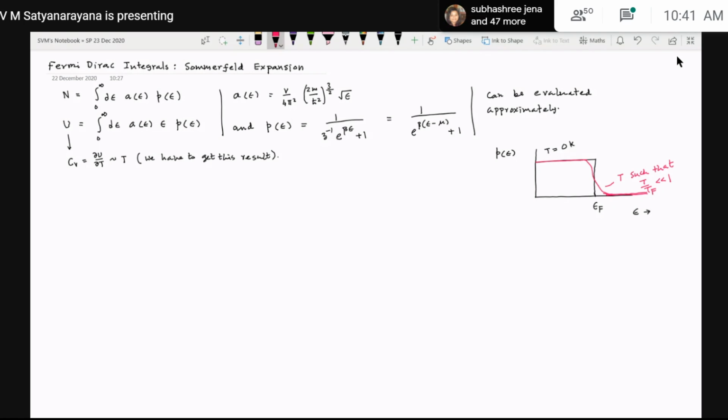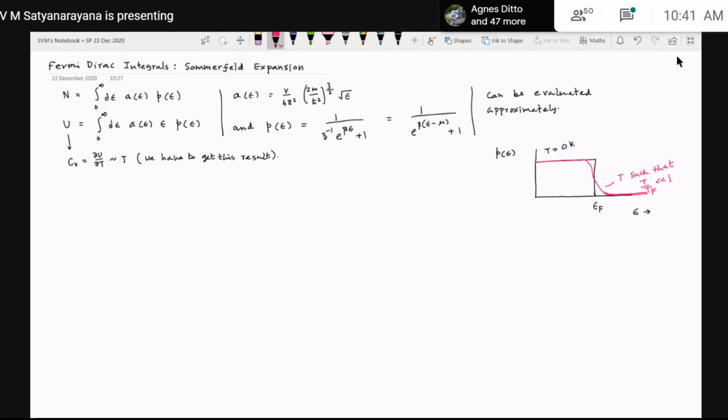As we discussed in the last class, for room temperature, for any typical metal, this is of the order of 10 to the minus 3 to 10 to the minus 2, because the Fermi temperature for metals is anywhere between 10,000 Kelvin to 100,000 Kelvin.